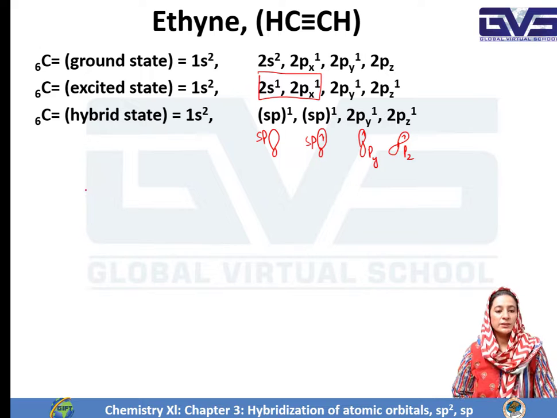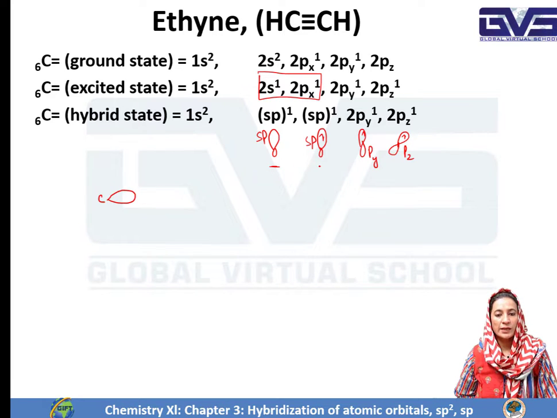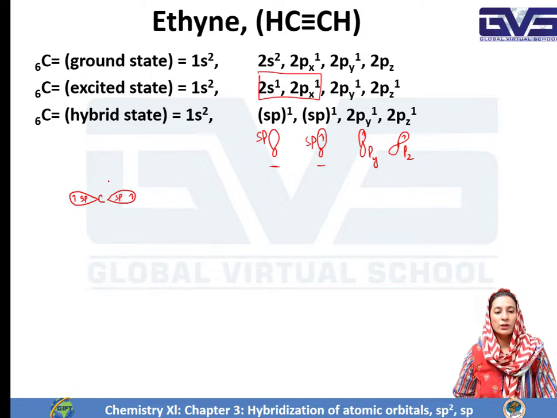So consider this is the first carbon, so it has 1 sp with 1 electron, and another sp with 1 electron.